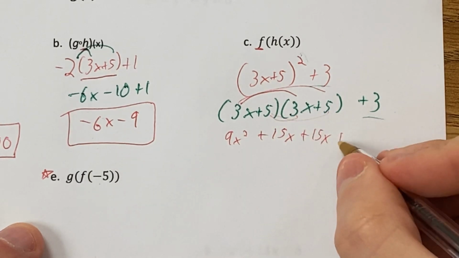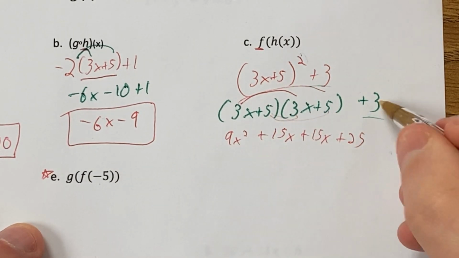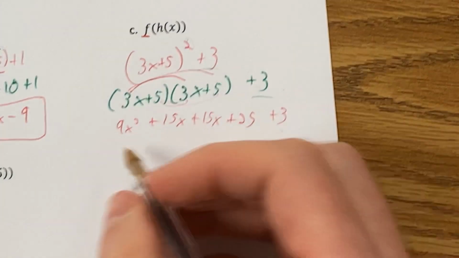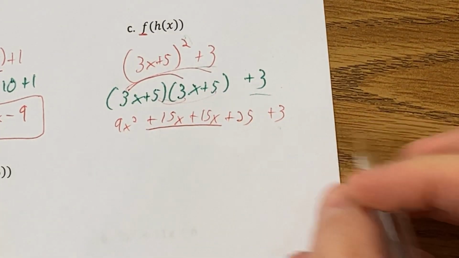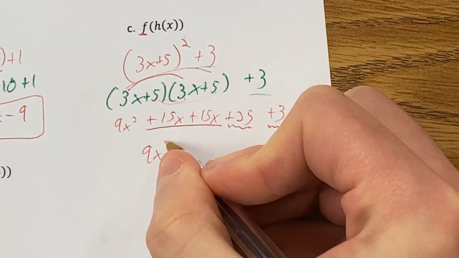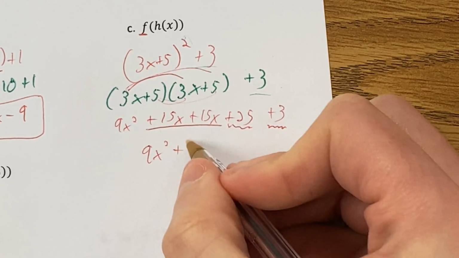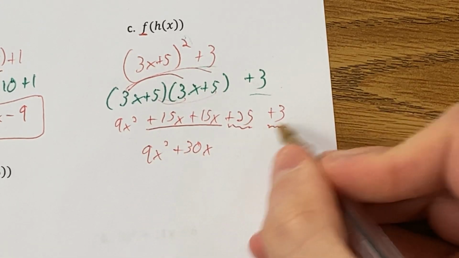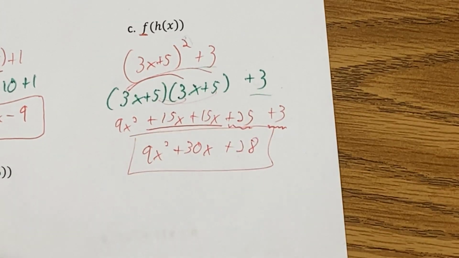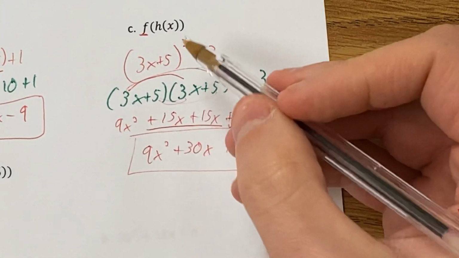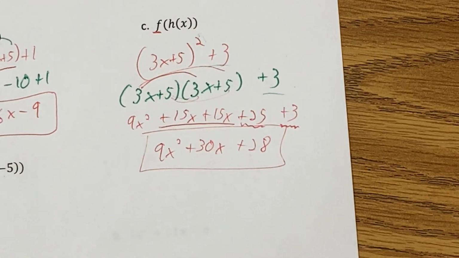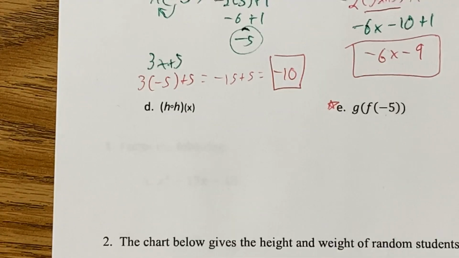And 5 times 5 is 25. Drop down the plus 3. Combine like terms, and your final answer will be 9x squared plus 30x plus 28. So the big thing there after the setup is to make sure you square it by writing it twice and FOILing it.